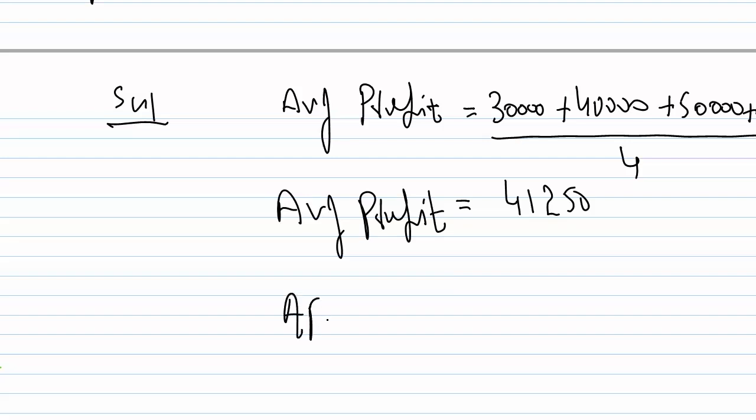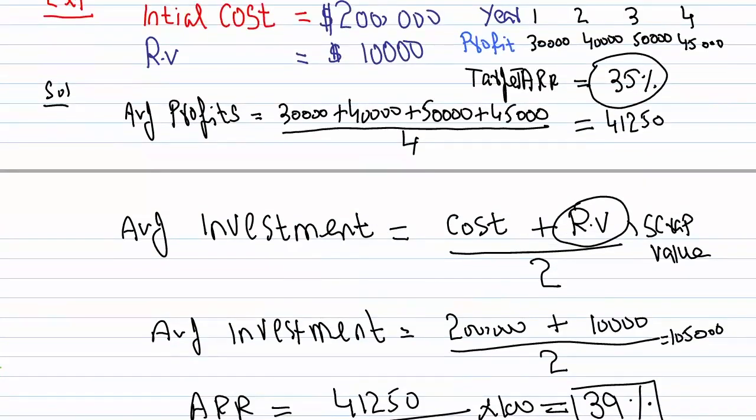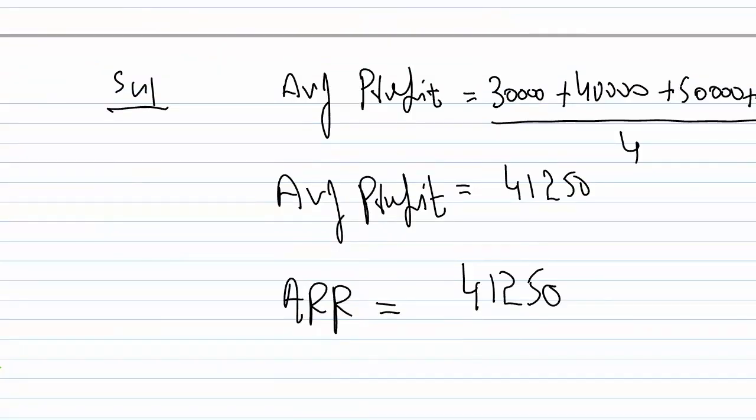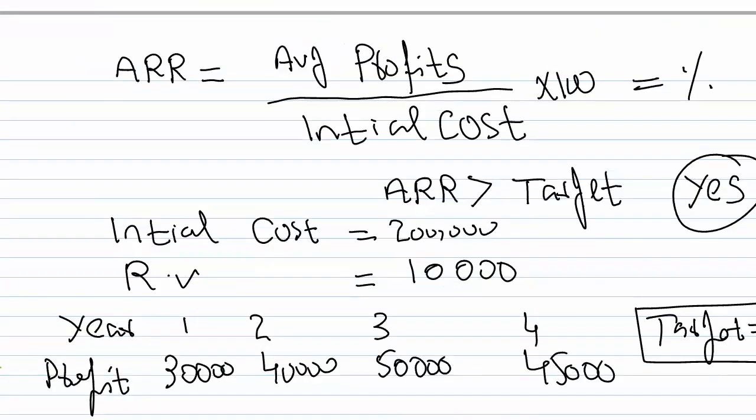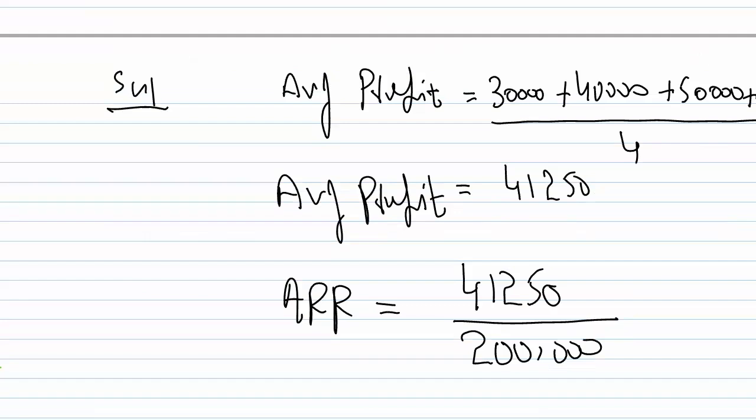Now you need accounting rate of return, average profit divided by initial cost. Now here we will use initial cost. In this method, we are calculating the accounting rate of return on initial cost. And initial cost is 200,000 into 100.